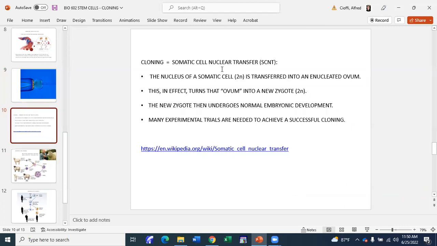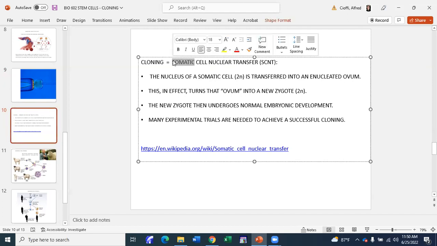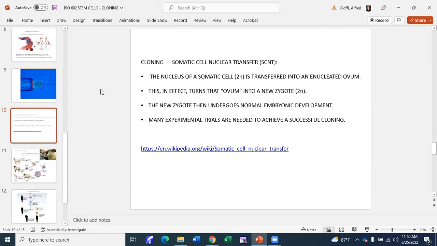In other words, the egg nucleus was taken out, enucleated, sucked out, right? And a somatic nucleus is being inserted. Somatic simply because we need a diploid cell, right? The zygote is diploid, so we need to generate essentially a diploid cell. And so it's also commonly known, sometimes you just see NT, nuclear transfer, all right? And it's assumed that it's a somatic cell nucleus that is being transferred.